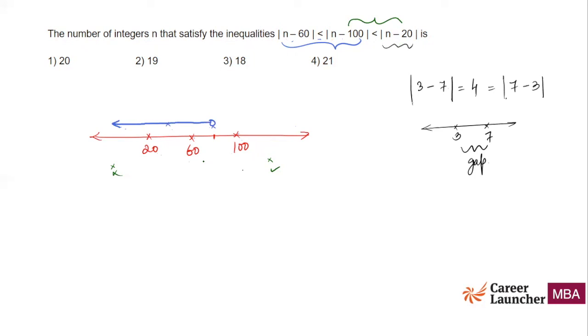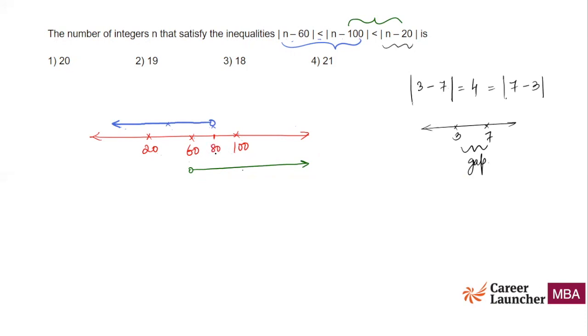If I want n to be closer to 100 than to 20, that value should be between 60 and 100 or beyond 100, not below 60, not below 20. So for the second inequality, we will have the values which are more than 60, not including 60, because 60 is a value which is equidistant from 20 and 100, right?